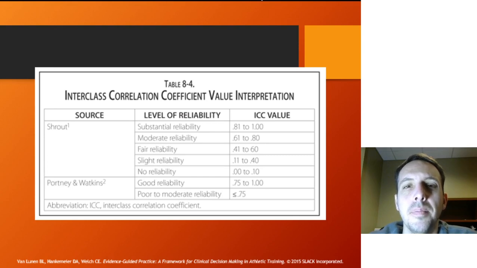So for example, if we're testing something that is very fluid within the individual itself, talking about something like mental processing, different aspects like that, there are so many factors that are associated with change in processing that you then need to account for the fact that that will probably have a lower reliability score.